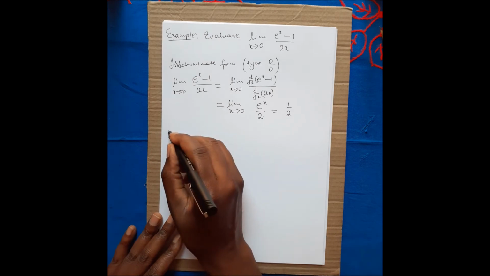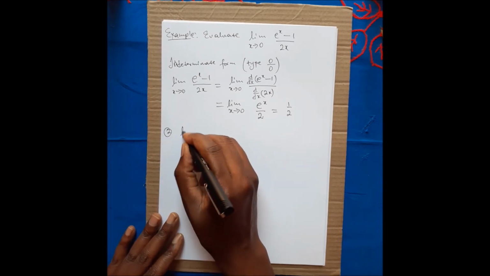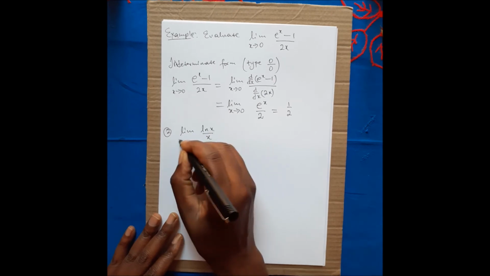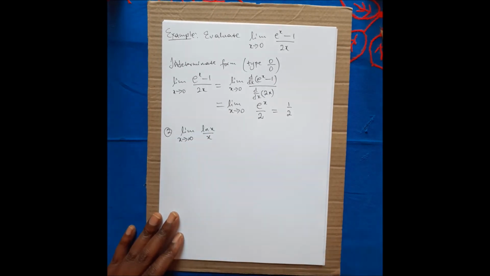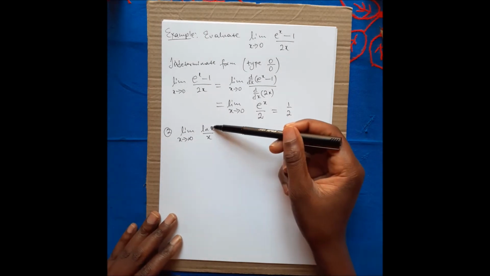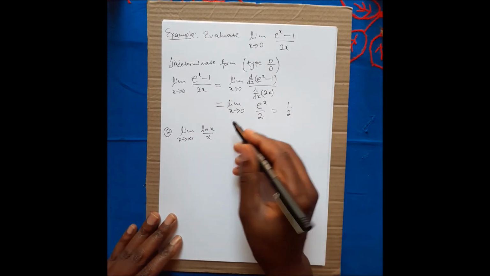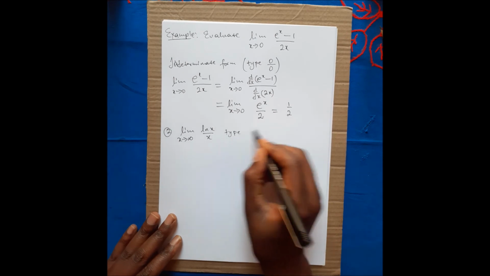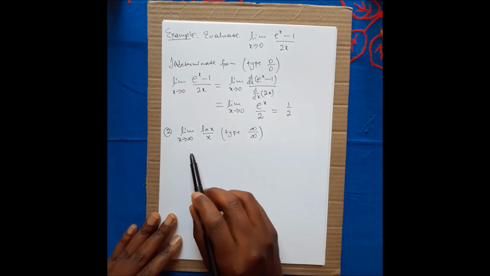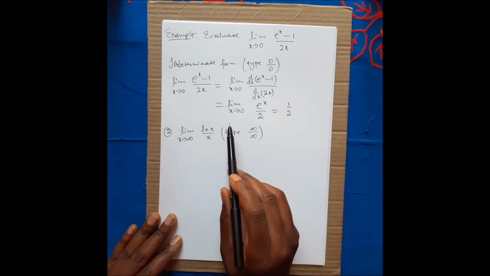Then the second example, we want to evaluate the limit of ln of x over x as x is approaching infinity. Again, direct substitution will give you infinity over infinity, so we have type infinity over infinity. Since we have infinity over infinity, we can apply L'Hopital's rule.